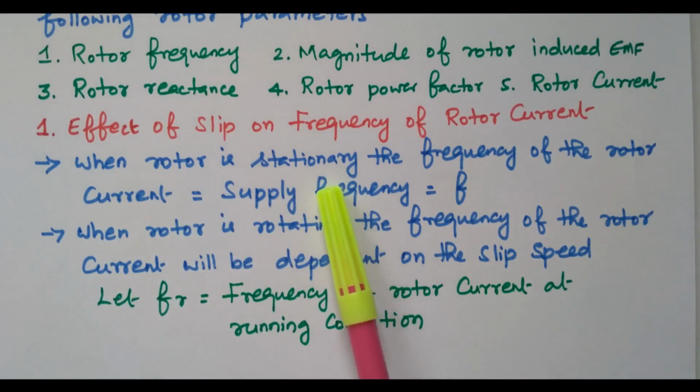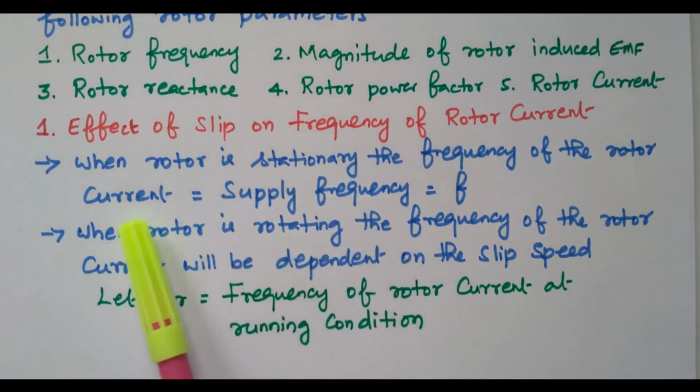When the rotor is rotating, the frequency of the rotor current depends upon the slip speed. When the motor rotates, the speed changes. Let f be the supply frequency and Fr be the frequency of the rotor current under running condition.